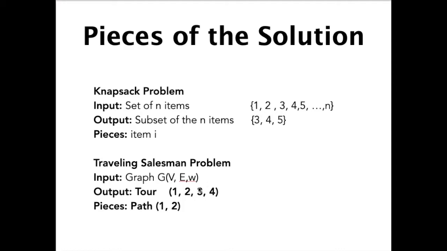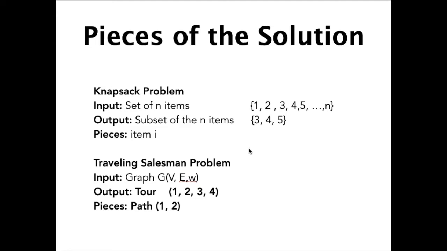Since this is a complete graph, for example, we can have a tour 1, 2, 3, 4, 1. The pieces here are the paths: path from 1 to 2, path from 2 to 3, and so on, until we build the whole tour. That's how you construct a solution piece by piece.